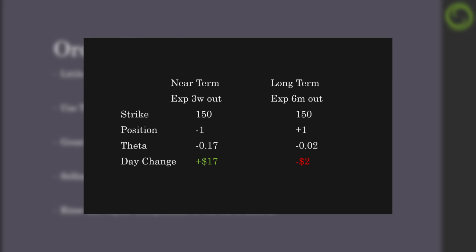So the net change of our position will be an increase of $15. That's what we are looking to capture, $15 every day, until our near-term option expires, and then we can close out the whole trade if we need to, or we can sell another near-term option. That is the basic principle of what we are trying to do with this strategy.